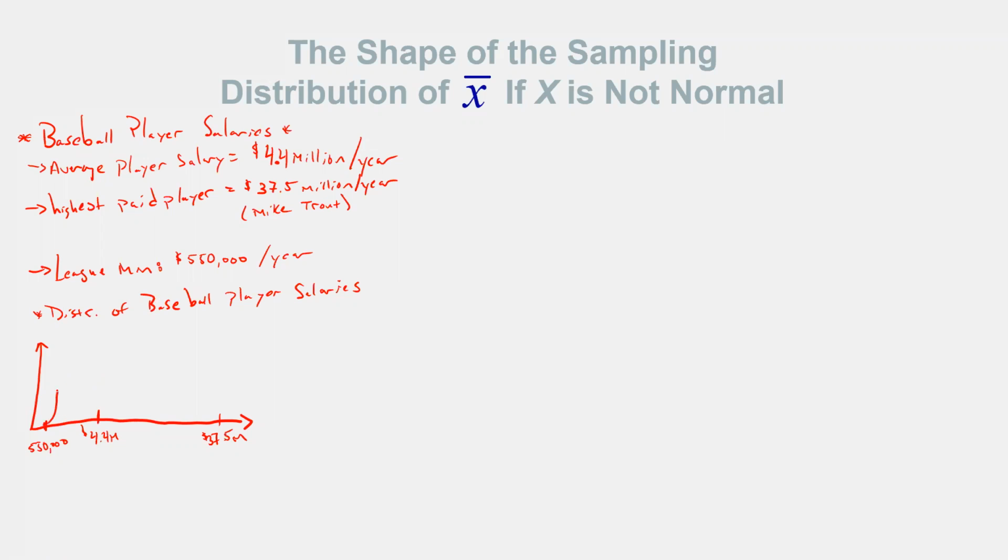The majority of baseball players make less than the average, and the average is skewed because there's a few players that make a ton of money. Like Mike Trout makes $37.5 million a year. The second highest paid player in baseball is Gerrit Cole, a pitcher for the Yankees. He makes $36 million a year, but not a lot of players make that. The vast majority make less than the average. So this is a right skewed distribution.